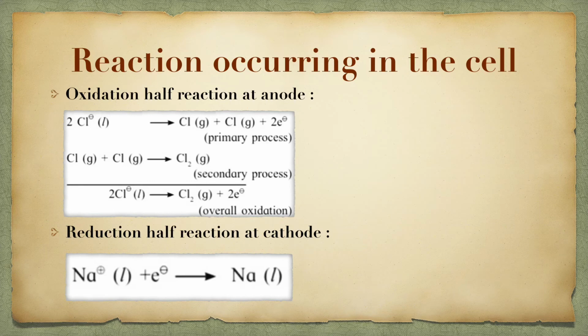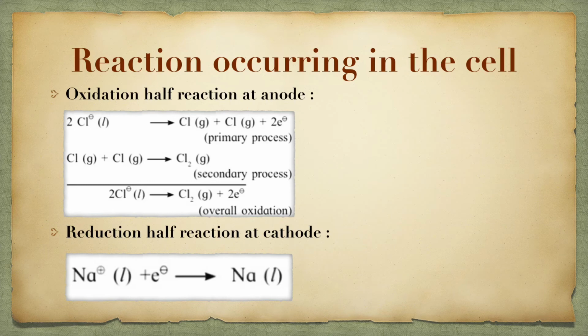Always remember, at the end the charges should be balanced. If the reactant side is neutral, the other side should be neutral. Over here in the reduction half, Na plus and electron, plus and minus gives 0, so on the product side it is the neutral Na atom. So always see to it that the reaction is balanced at the end.